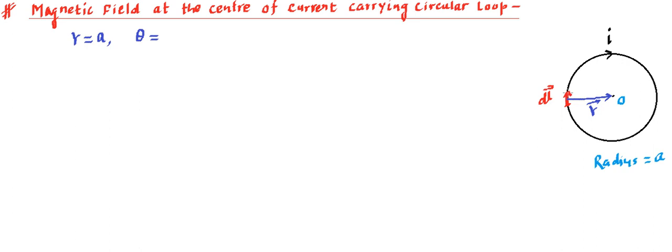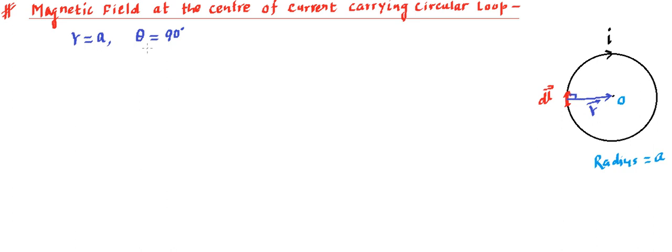This dl vector is tangential and this r vector is radial, and whenever tangential and radial come together, that makes 90 degrees. So you'll find theta is going to be 90 degrees. Moreover, this theta is 90 degrees not only at this point but for all the elements. No matter where we take the elements, at all locations you'll find this theta will remain 90 degrees with the radius or r vector. So theta is constant, r is also constant as a.